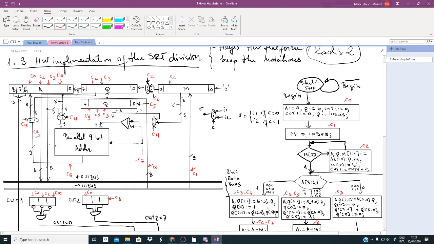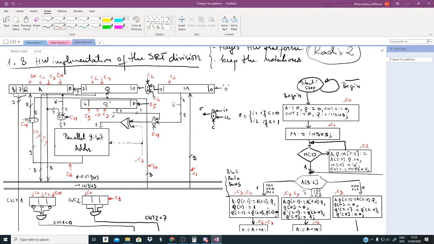And when we put the remainder with C13, which is this guy, right? C13 is this control signal, which validates the link between the output of all these latches from register A to the outputs.